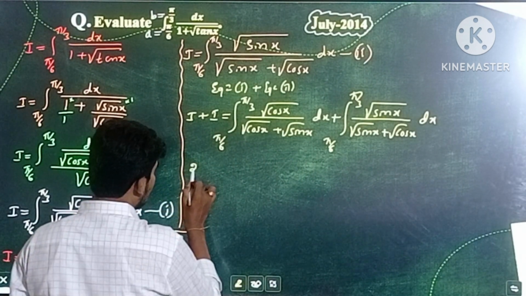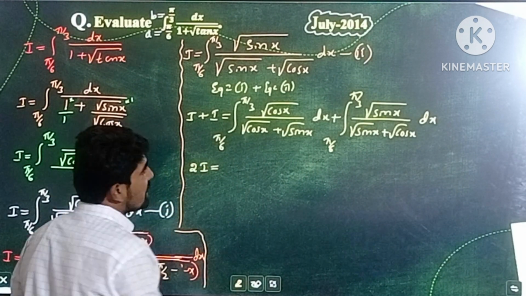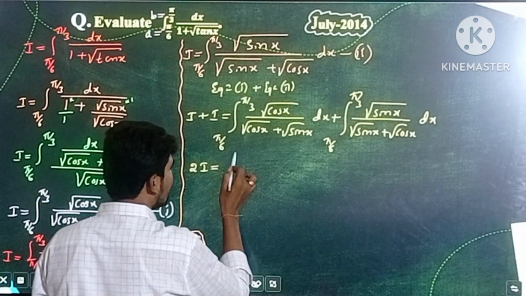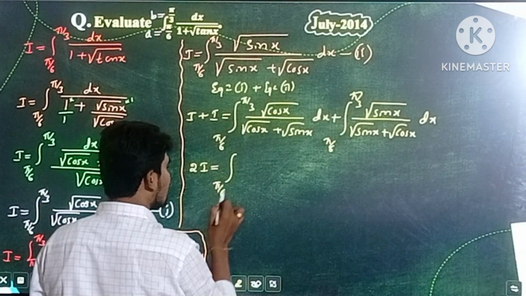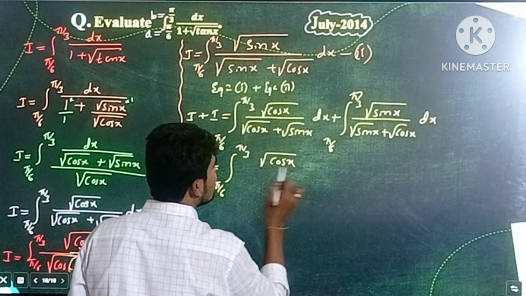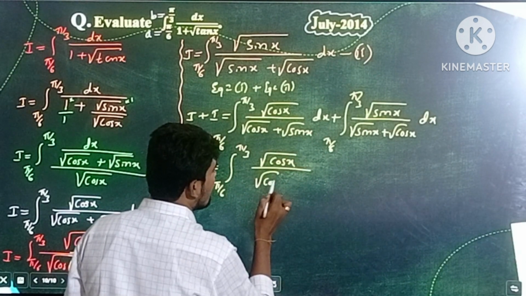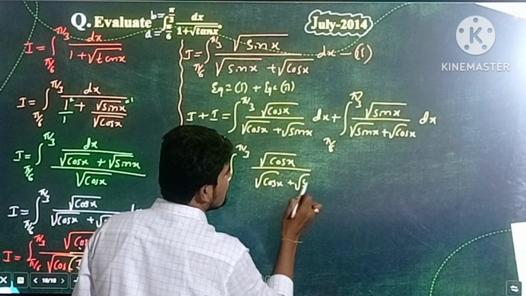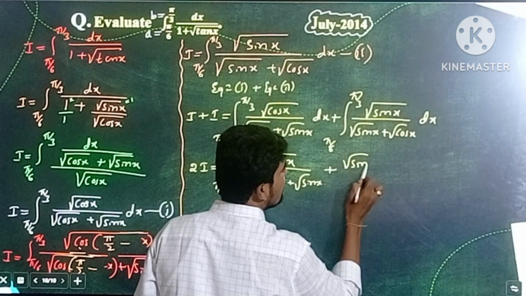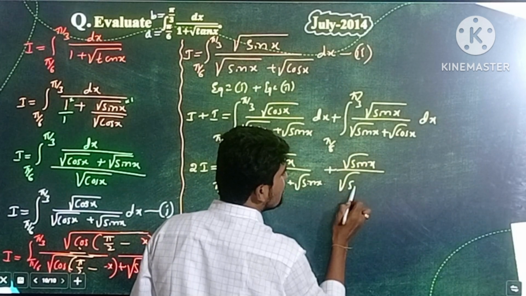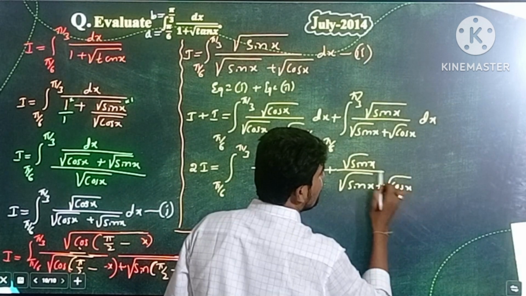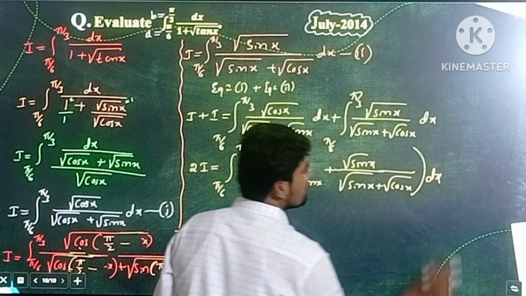I plus I is equals to 2i, which is equals to, see here for both the integrals, the limits are same, therefore it can be expressed as integration from pi by 6 to pi by 3 root cos x divided by root cos x plus root sin x plus root sin x divided by root sin x plus root cos x with respect to x.